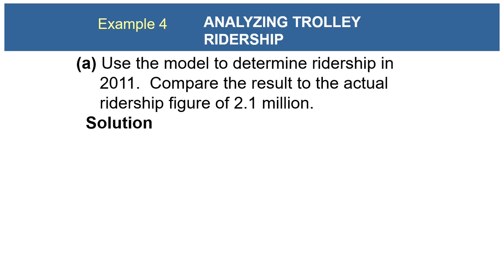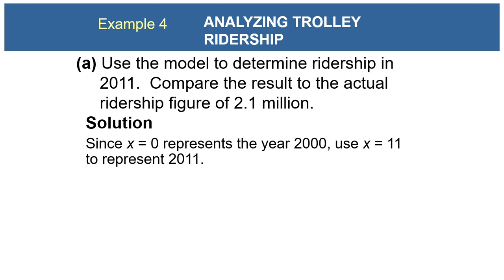Part A. Use the model to determine ridership in 2011. Compare the results to the actual ridership figure of 2.1 million. Since x equals 0 represents the year 2000, we're going to use x equal 11 to represent the year 2011.